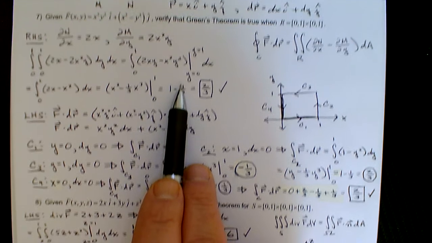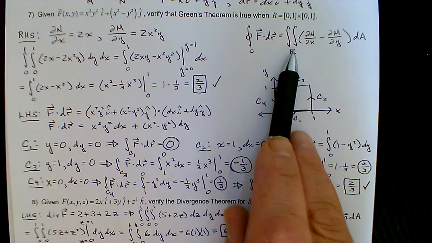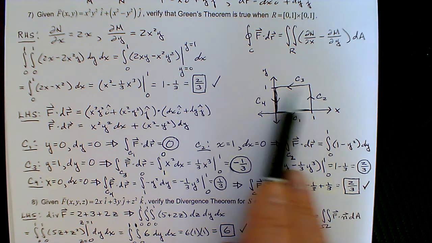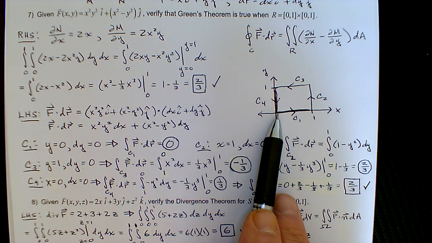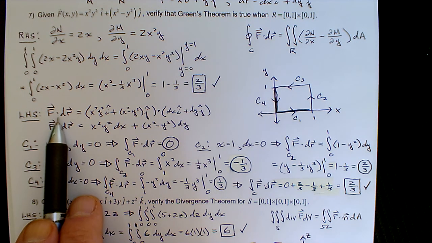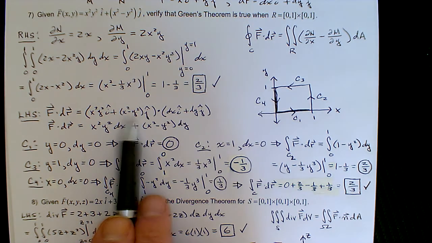And then we set up for the path. The region was (0,0) by (0,1), so it's basically just a square. And for that left-hand side, we have to calculate f dot dr. So I showed it literally here for us.